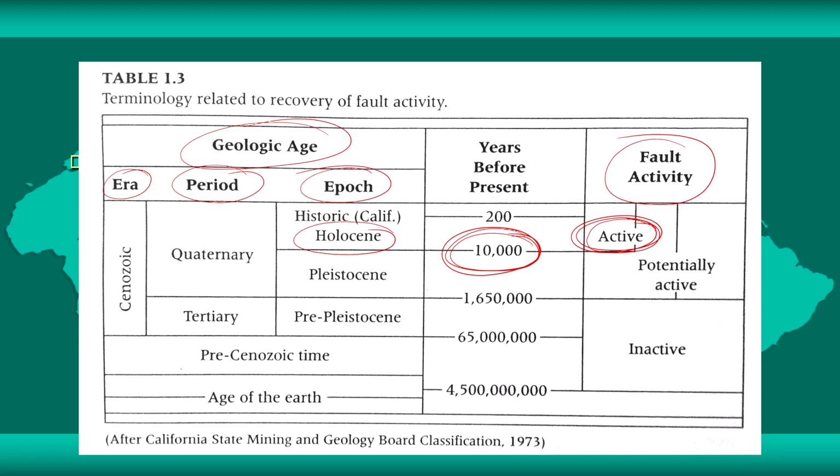But if we go further into the older part, then we say potentially active, and much older, then we say they are inactive. So more or less these are the dormant faults, which are not going to be harmful to us, not going to produce any earthquakes.